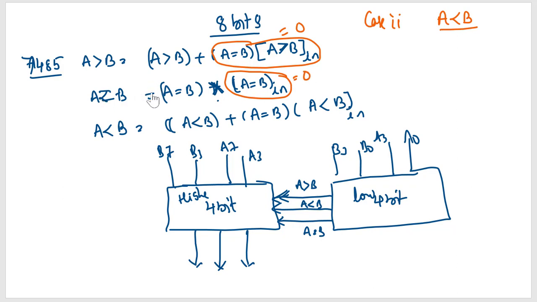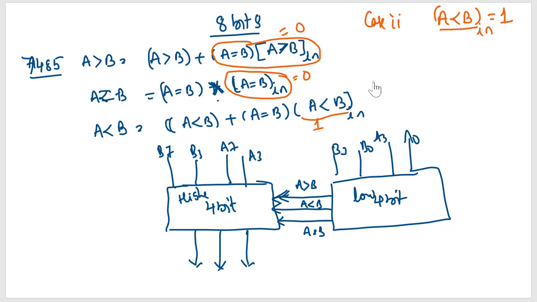That means the entire term will be 0, and this will be 1. Now let us assume this is the feedback, when a less than b is 1. Now you already seen this is 0 and this is 1.